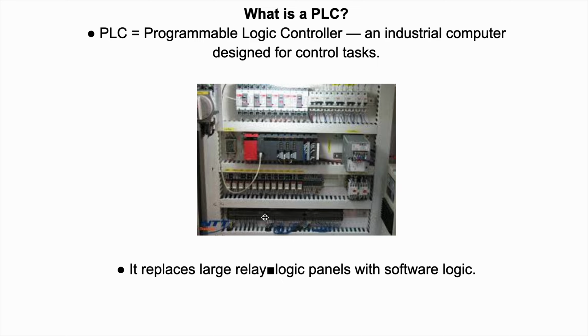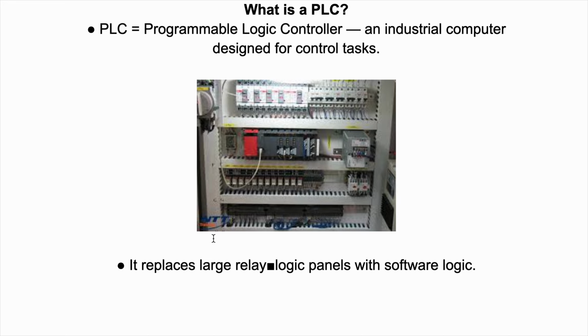But it's industrial, and it's reliable. The most important thing about PLCs is that they are reliable processors, because in industries you need the devices and control circuits and everything working reliably.